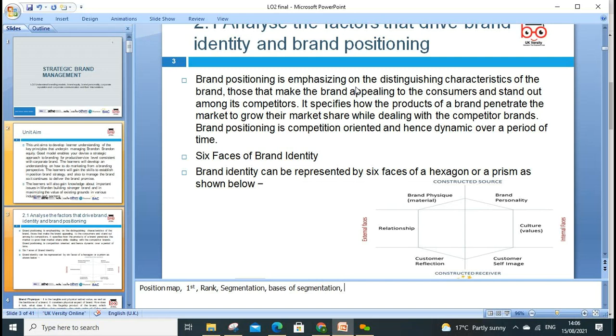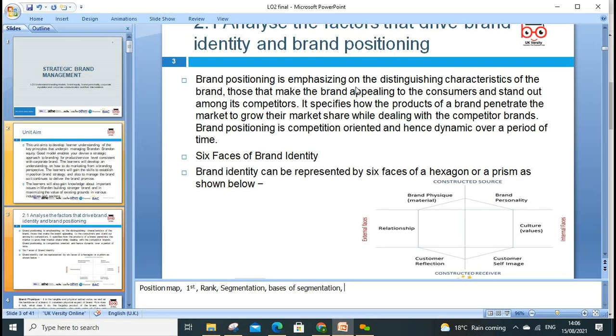Brand positioning places emphasis on distinction, how we can differentiate our brand, what makes the brand appealing to the consumer compared to our competitors, so it stands out among its competitors. It specifies how the product of a brand penetrates the market to grow its market share.